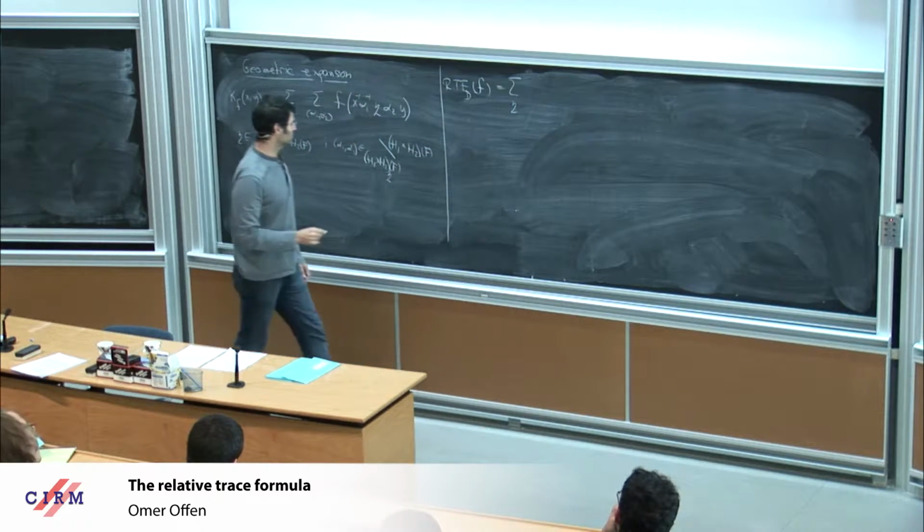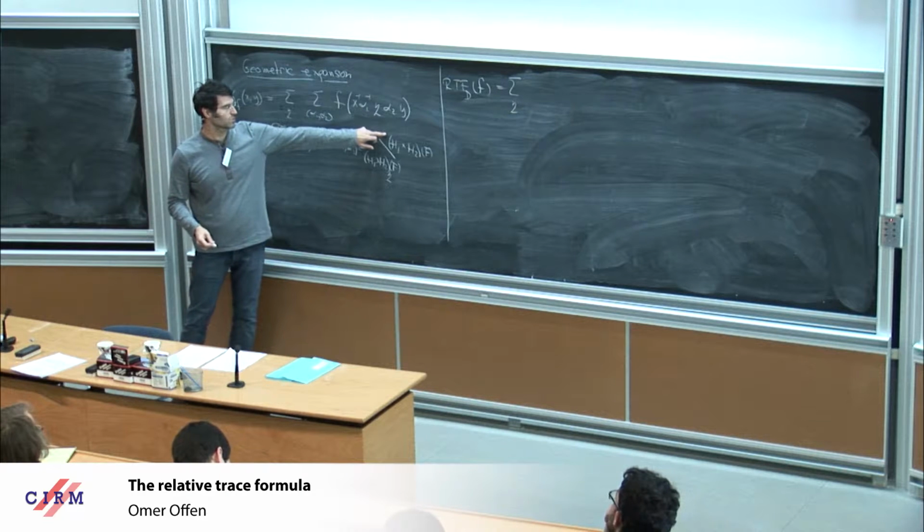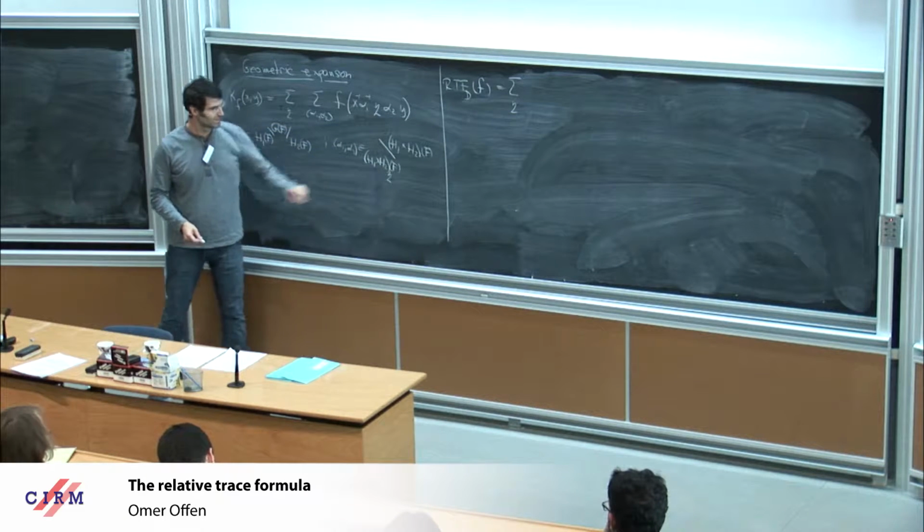And then we have to integrate over the automorphic quotient of H1 cross H2, and then sum up over H1 cross H2 mod the stabilizer.